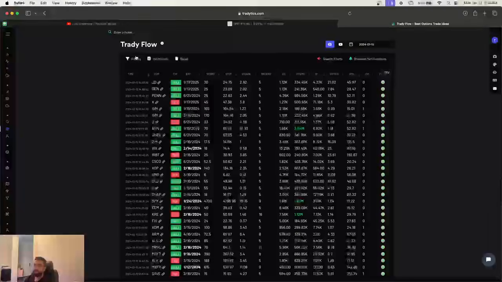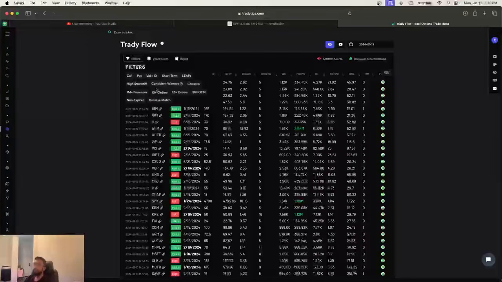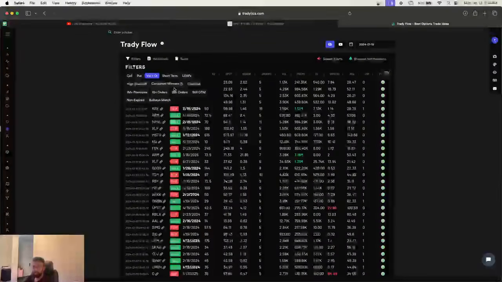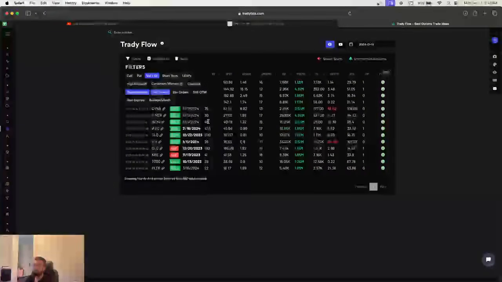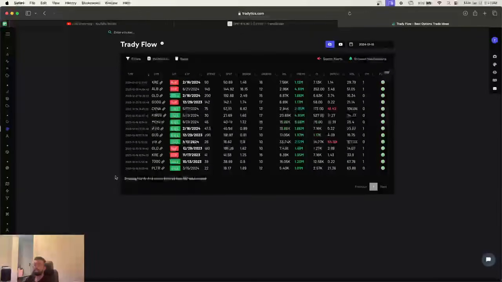Here also I use filters, where I'm always using volume greater than OI. That's one I'm always using. Premiums greater than 1 million, and then 10 plus orders. This can clearly get your list down to a very selected few data points.